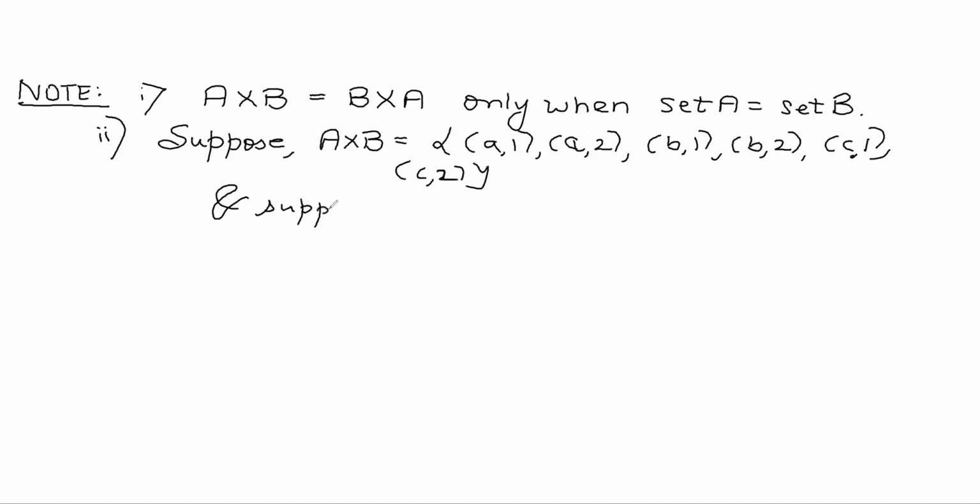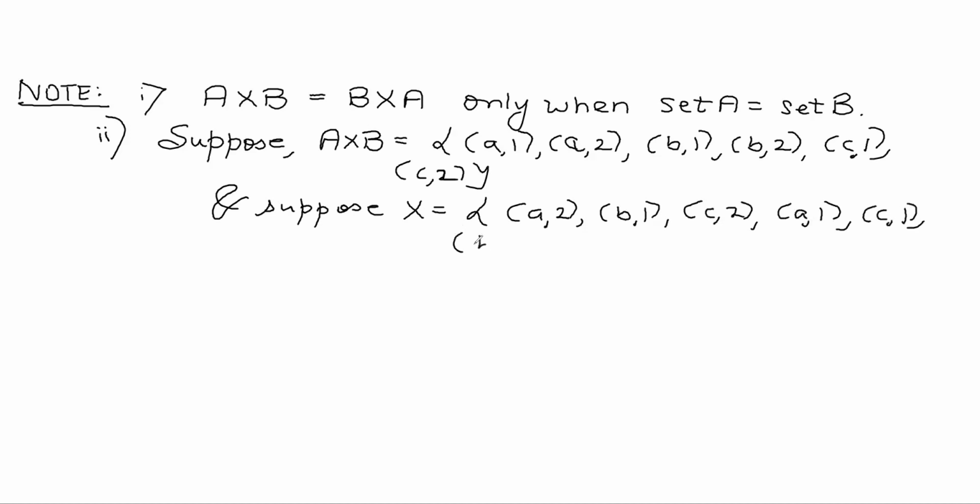Suppose my X is this: (a,2), (b,1), (c,2), (a,1), (c,1), (b,2). The question I ask you is, is the Cartesian product A cross B equal to X?